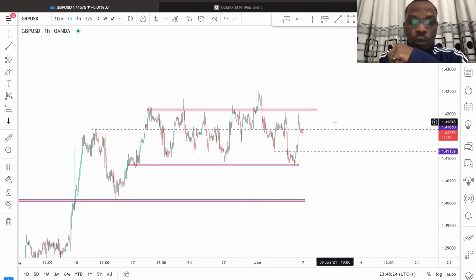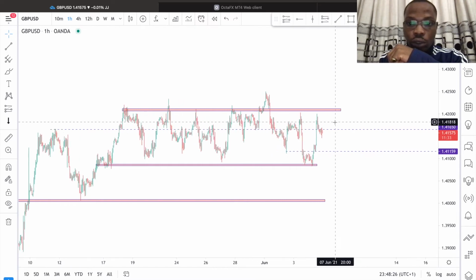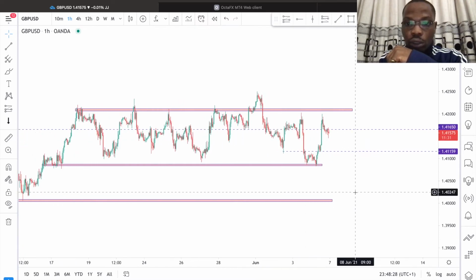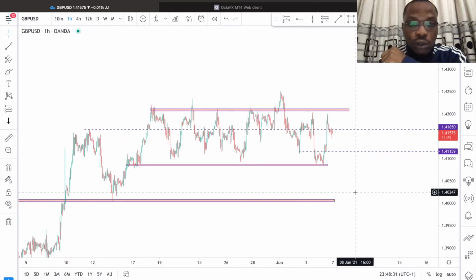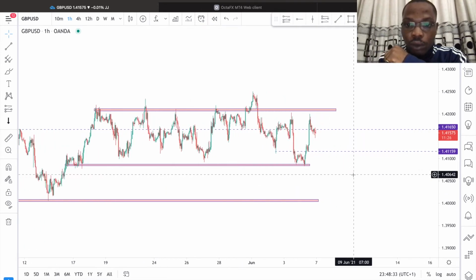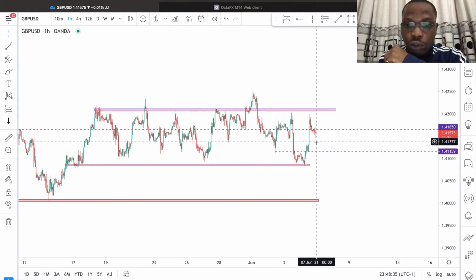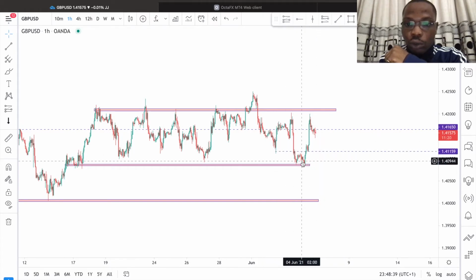So this week, starting today, Asian session, what we hope to see in this market is either a retracement back to this shoulder level. This is shoulder, head, shoulder.